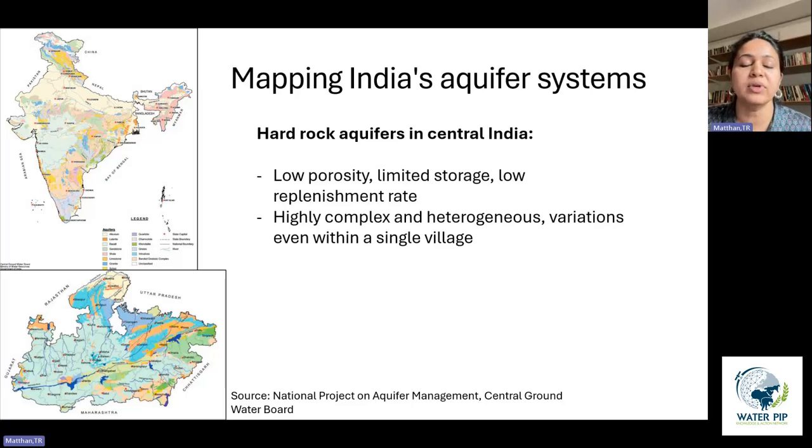So one unique characteristic of these aquifers that are found in this region is that there are significant variations even within small spaces. Can everyone see my PowerPoint? I just saw a message that said that my PowerPoint is not visible, but hopefully it is.